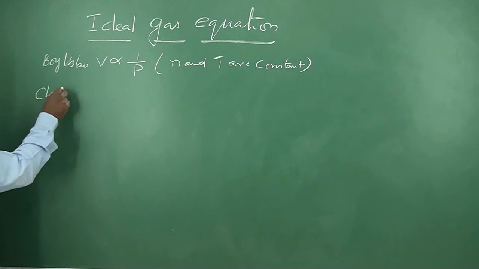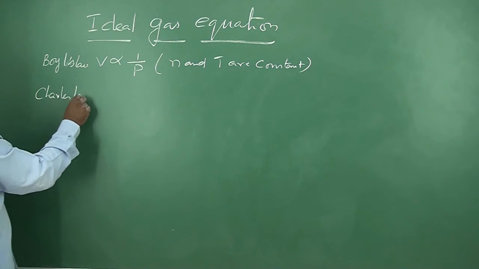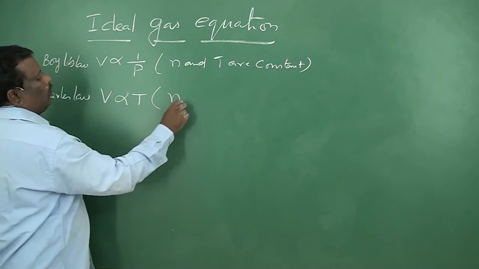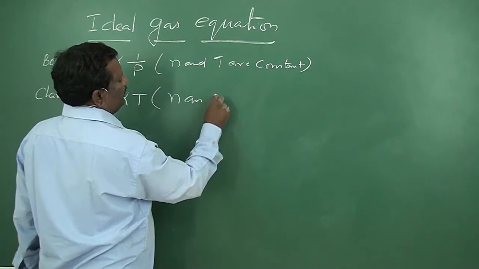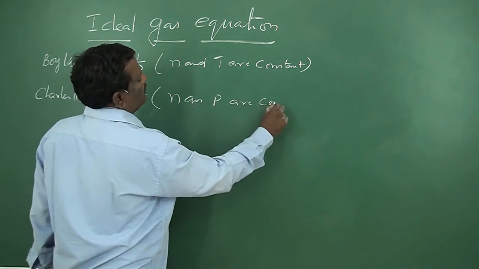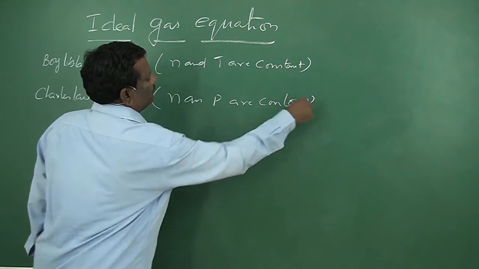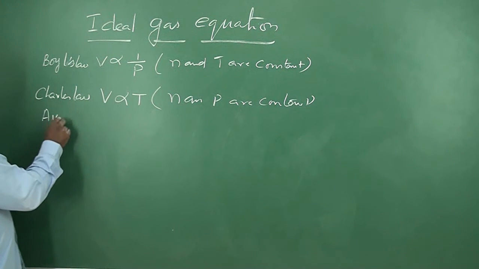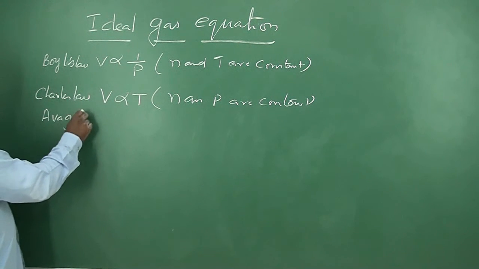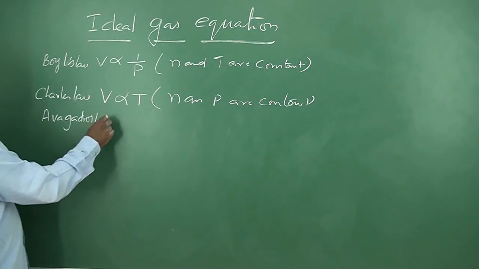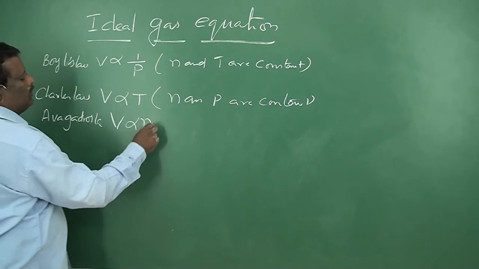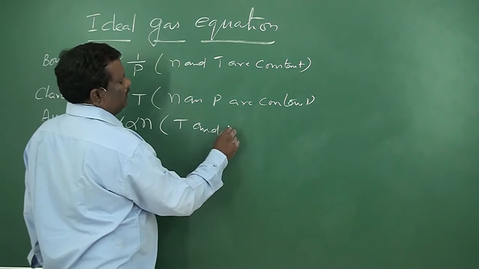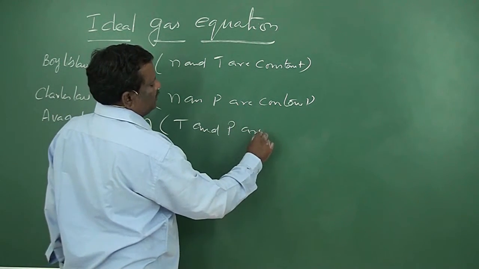According to Charles' law, V is directly proportional to capital T, where n and P are constant. According to Avogadro's law, V is directly proportional to small n, where T and P are constant.